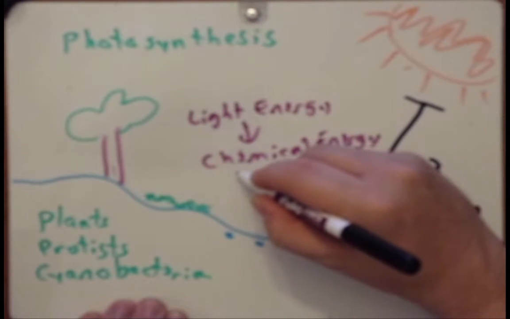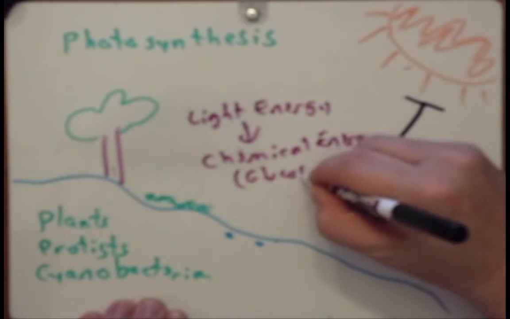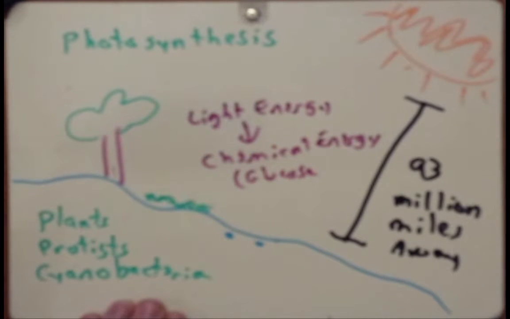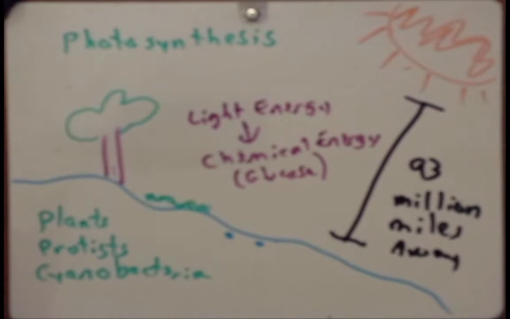This chemical energy is stored in molecules like glucose. It will make glucose from this light. Again, from 93 million miles away, it captures this light and converts it into chemical energy in the form of molecules like glucose. And really, this is photosynthesis: the conversion of light energy into chemical energy. There are also some very useful byproducts that we'll talk about as well.